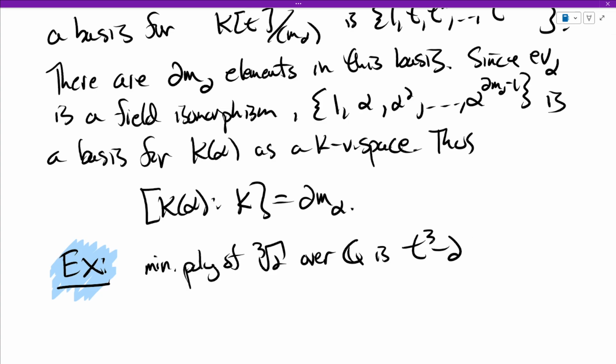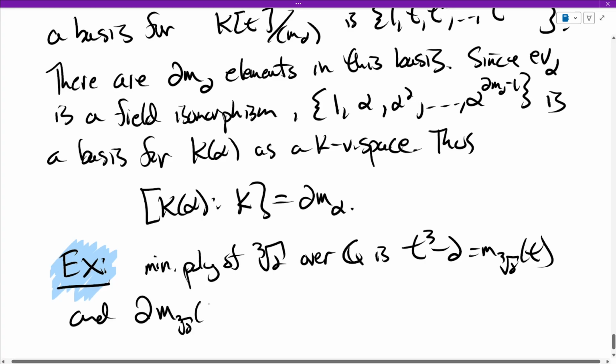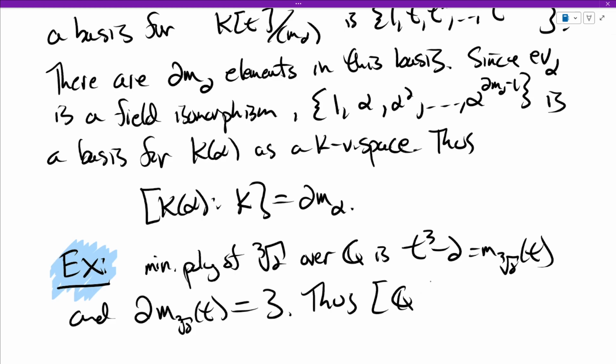This minimal polynomial has degree 3. So if we add in that guy, any of the cube roots of 2, let's say the real cube root of 2 for this example, we should get 3.